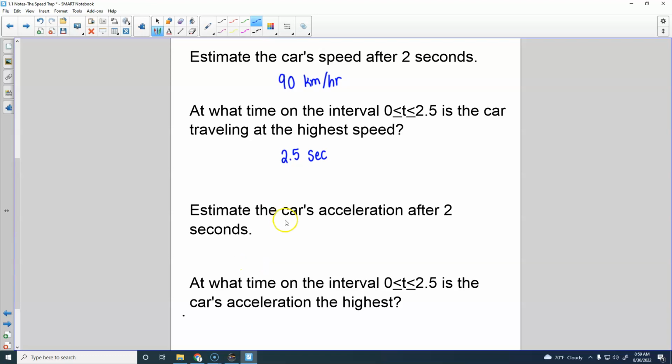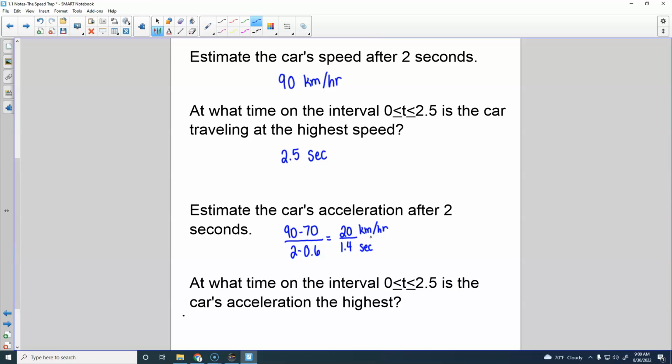So we would say 90 minus 70 over 2 minus 0.6. So we get 20 over 1.4. Now, for our units here, this is kilometers per hour, and this is seconds.